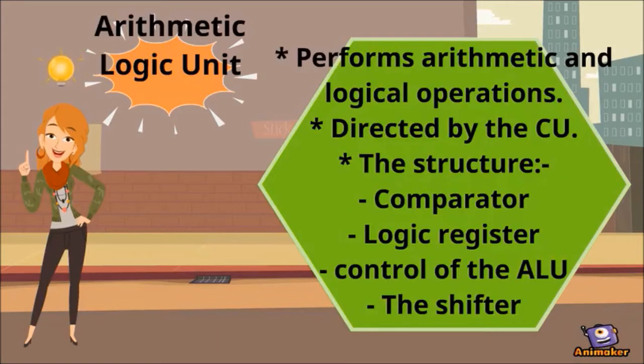The shifter is a special function register. It will move the contents of a register one or more positions left or right. It can also perform a unique operation called rotate when used with the status register.